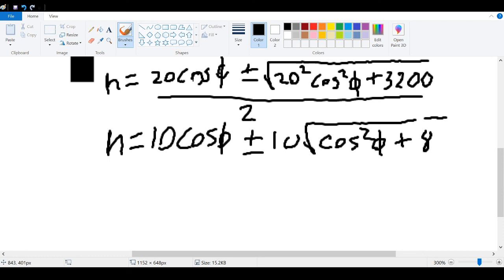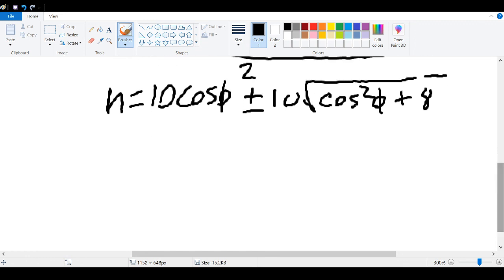But this is exactly what we wanted from the beginning, which is to have h in terms of phi. But remember, we need dh d phi. So let's just take the derivative of this. dh d phi is equal to, this first one is the easier one.